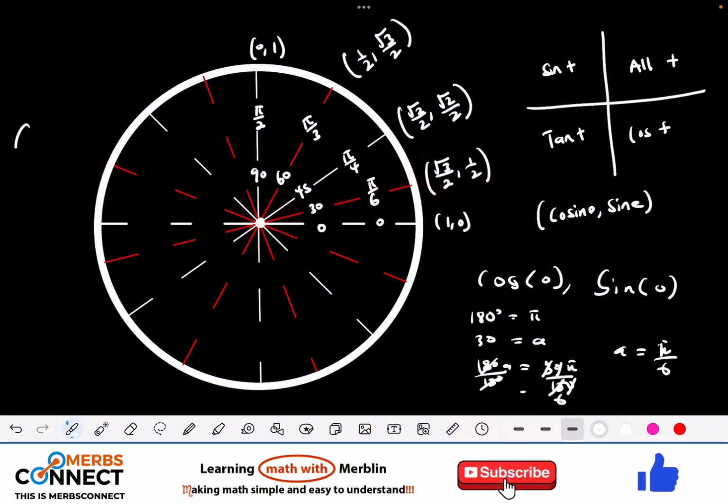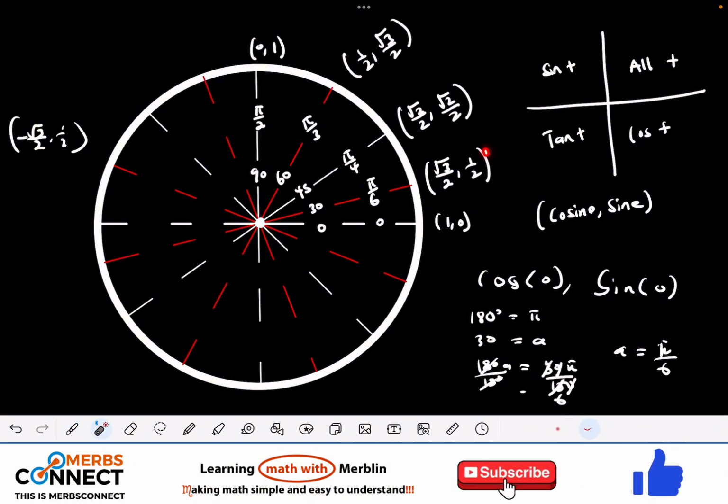So I'm going to have root 3 divided by 2 and 1 over 2. Now remember, the first coordinate is for cos. The second coordinate is for sine. But remember, in the second quadrant, what happens? Only sine is positive. It means that here cos is negative. So we need to make sure that the coordinate for cos is negative.